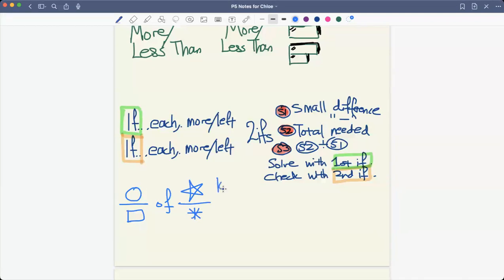And this one has units like kg, meter, liters, and so on and so forth. So this is called fraction of fraction.